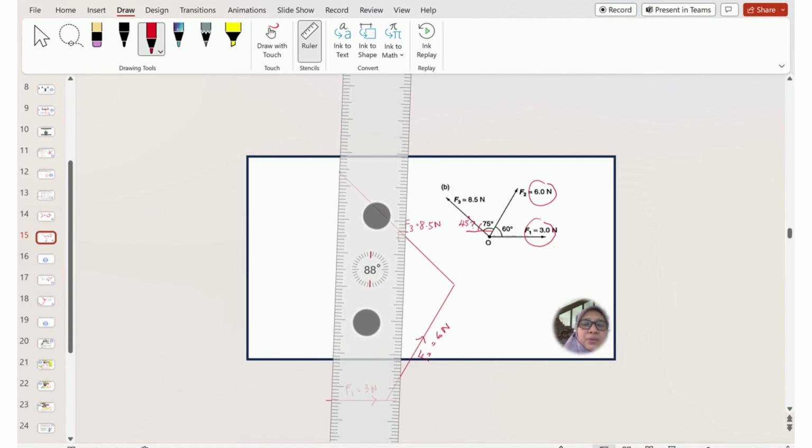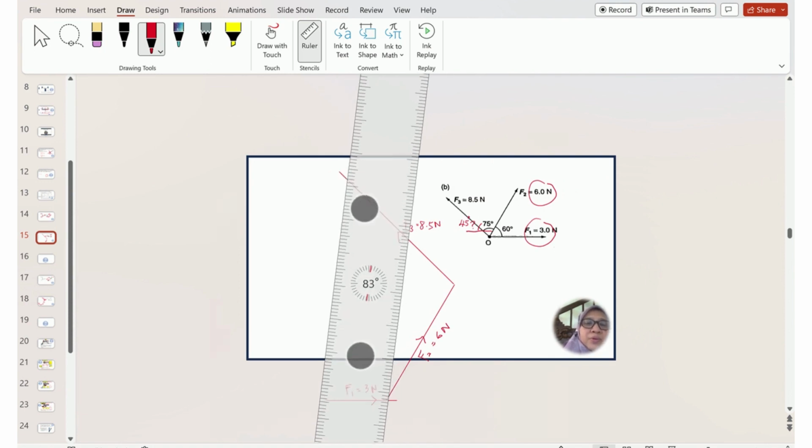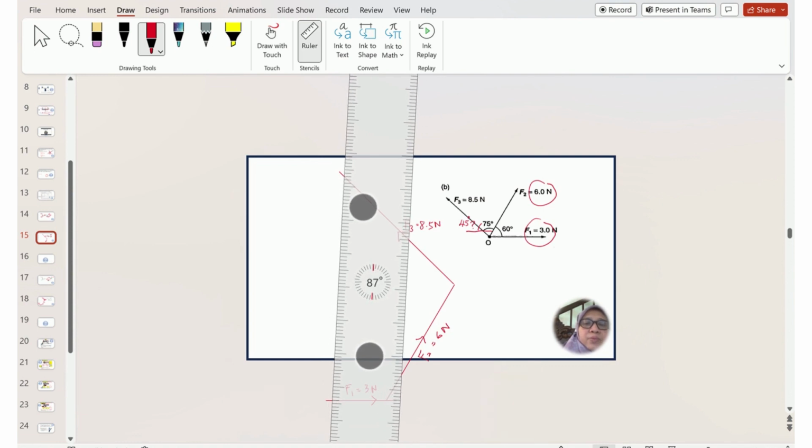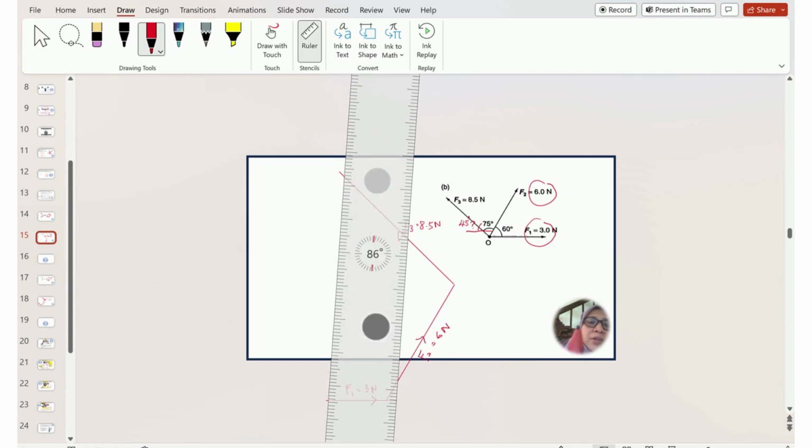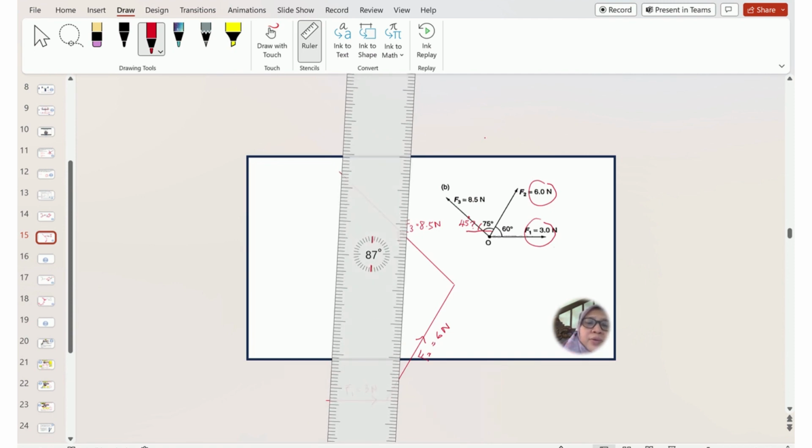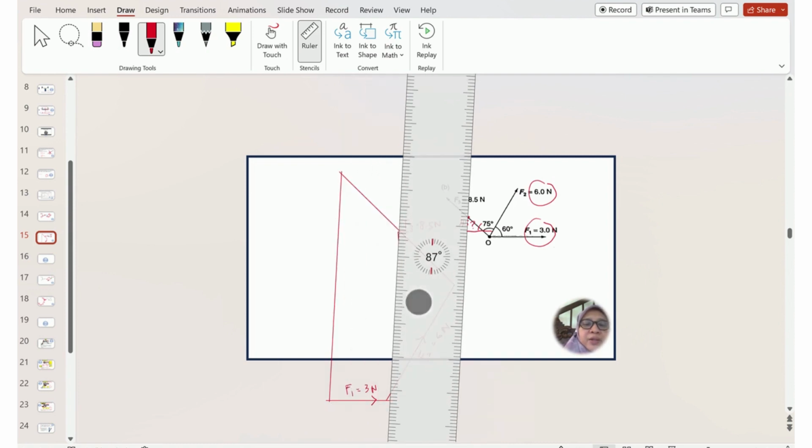It's about 90 degrees, almost vertical. So you draw the line joining. If you draw properly, you can measure F4. This is F4.